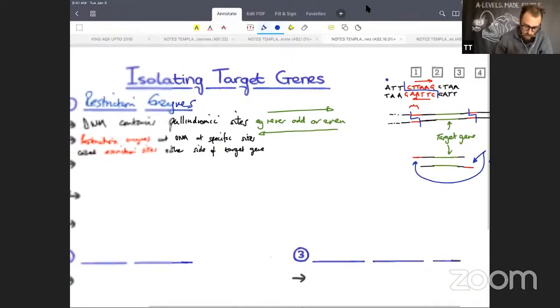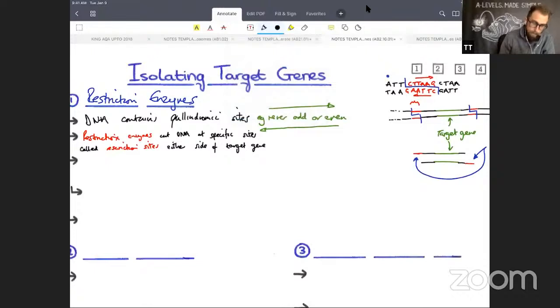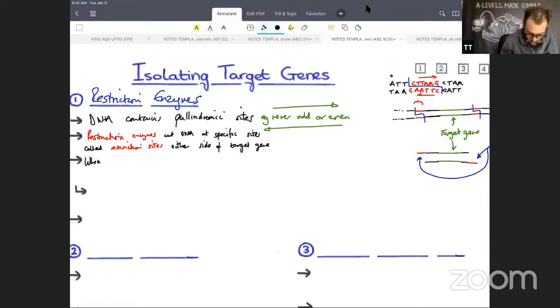So let's just come back over here. When there's a restriction site either side of a target gene, you can basically use a restriction enzyme to cut it out.